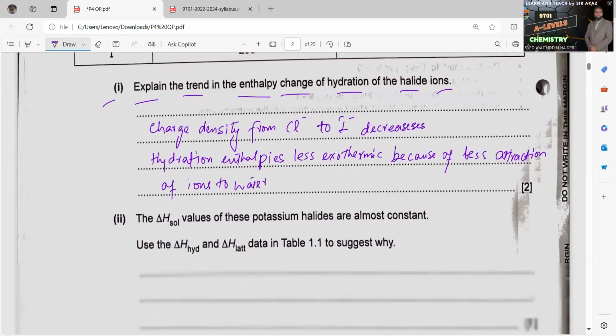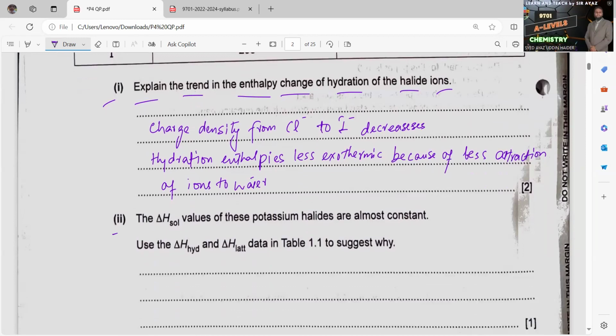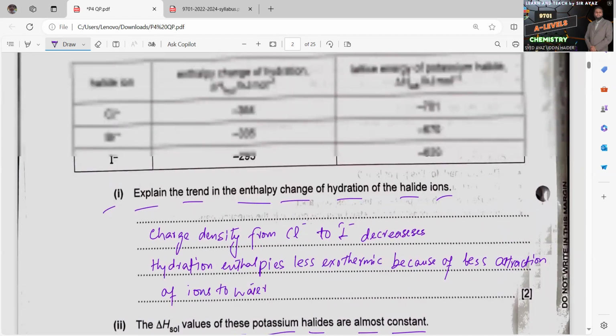Moving to next part, number 2. The delta H solution values of these potassium halides are almost constant. Use the delta H hydration and delta H lattice data in table 1.1 to suggest why. You see the difference?